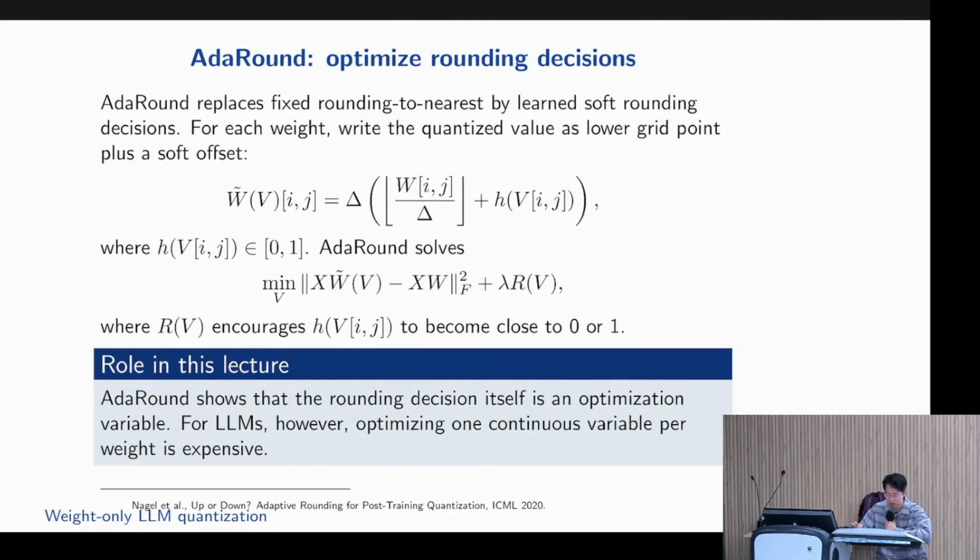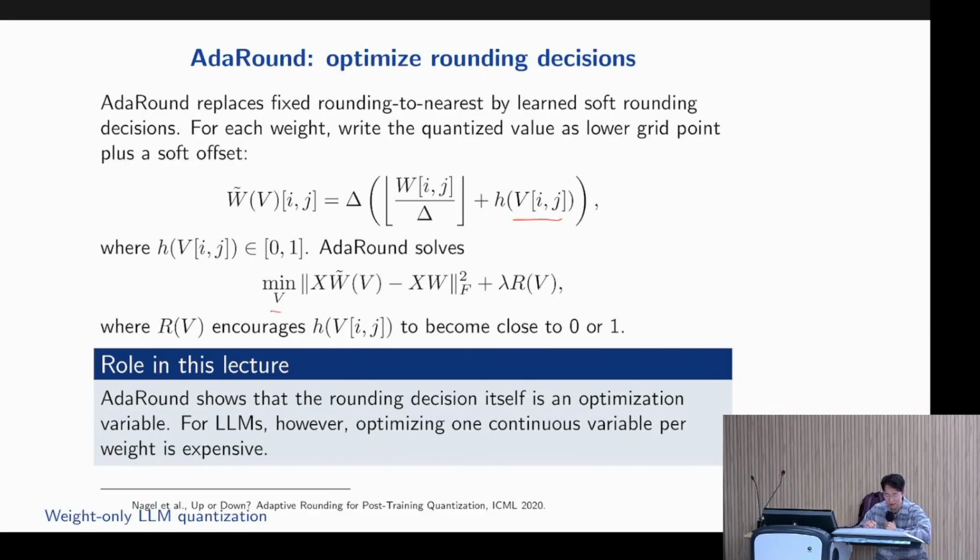Okay, so in this paper, AdaRound, they introduce a learning problem where for each weight independently, they learn this V matrix. So here is the optimization problem.